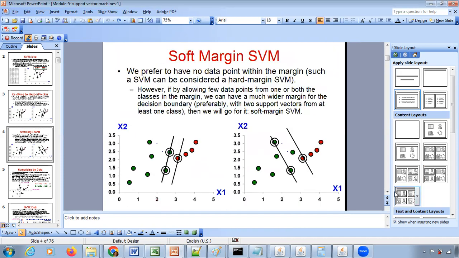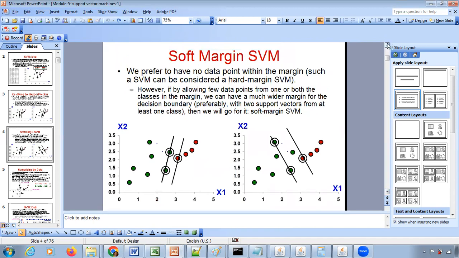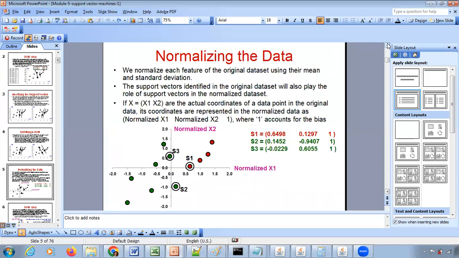So that's kind of an introduction about support vector machines and what they do. Let's slowly start to get into the methodology.